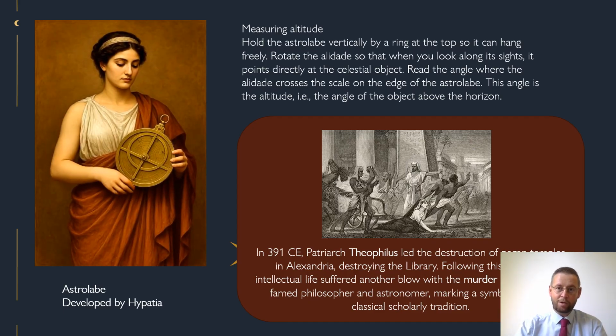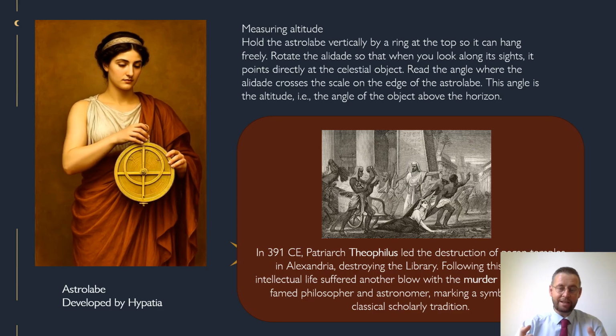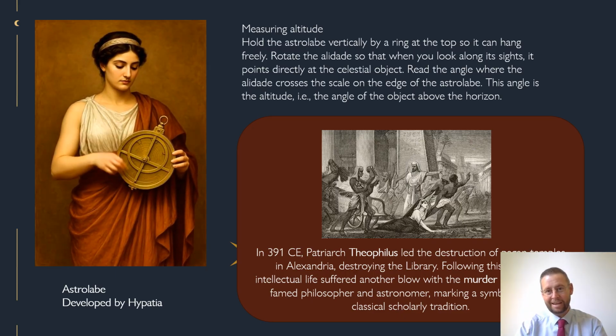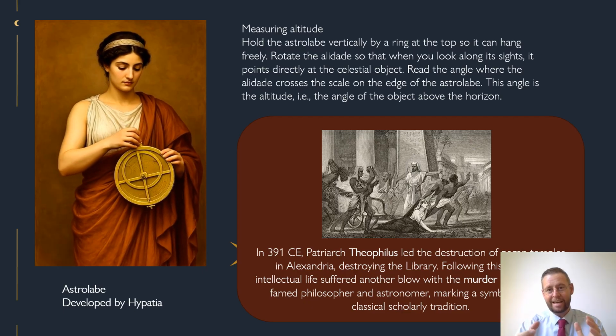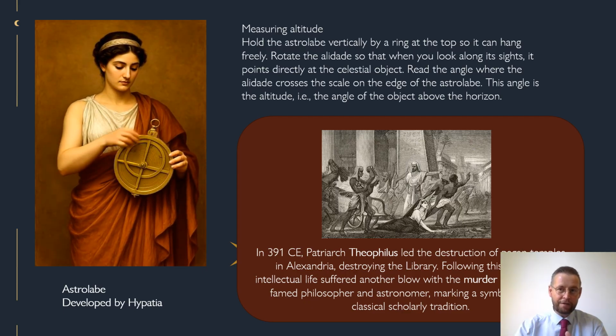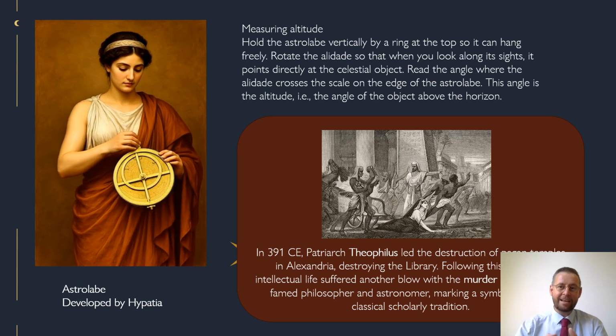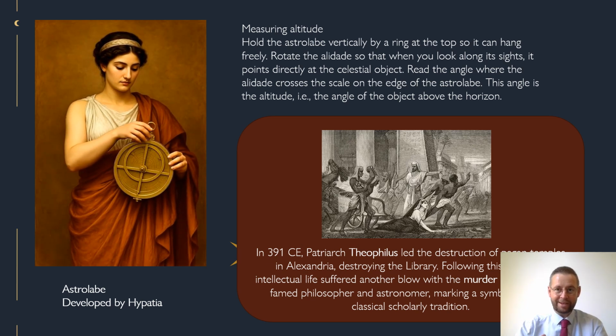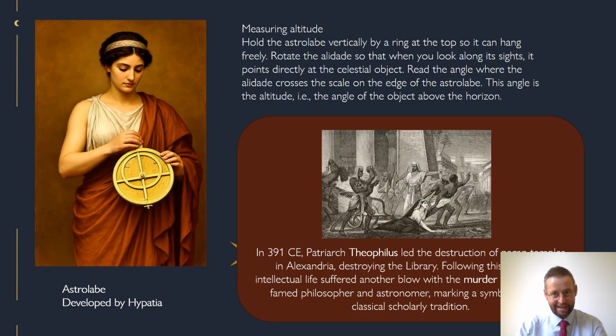Hypatia was present in Alexandria at the final burning of the Library of Alexandria that destroyed the last remnants of the library. This is often looked at as the end of the classical intellectual period, after which began the Dark Ages.